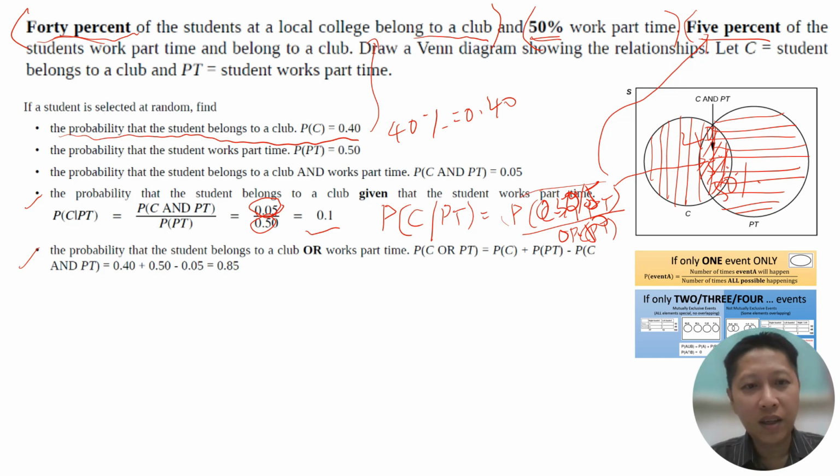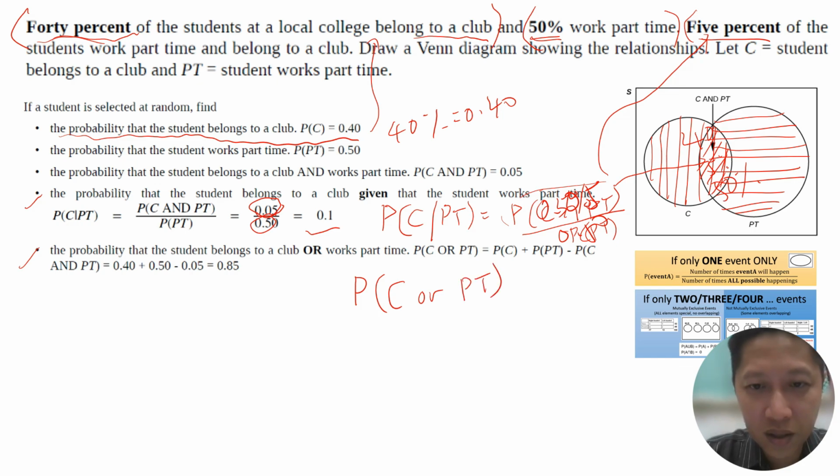And the last one, the probability that the student belongs to a club or works part-time. When we write it in mathematical symbols, belongs to a club or working part-time, we can state it as C union part-time.